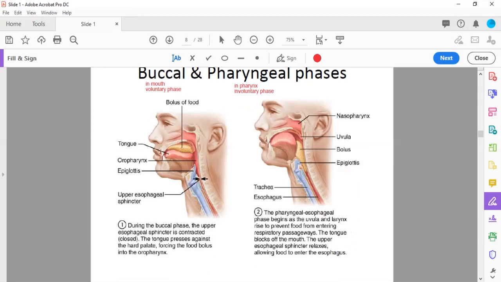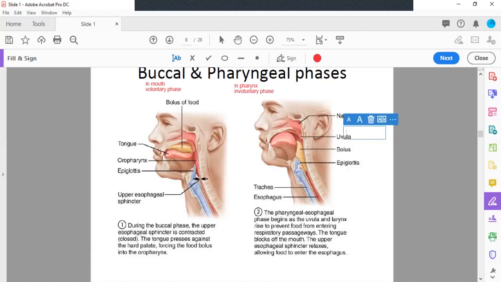As it moves into the oropharynx, it pushes the uvula up to prevent the bolus of food from going up into the nose. In the pharyngeal phase, the uvula rises, as you can see, to prevent food from going into the nose.